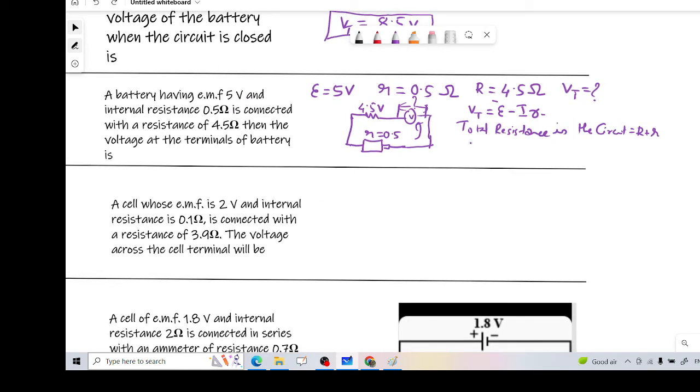The R value is 4.5 and small r is 0.5. So the total resistance is 5 ohm.